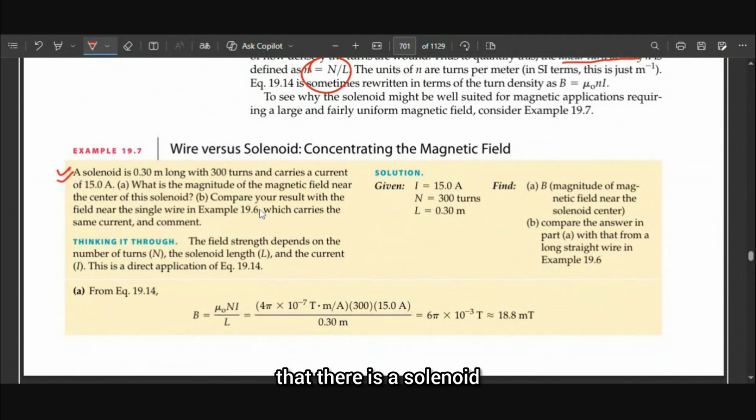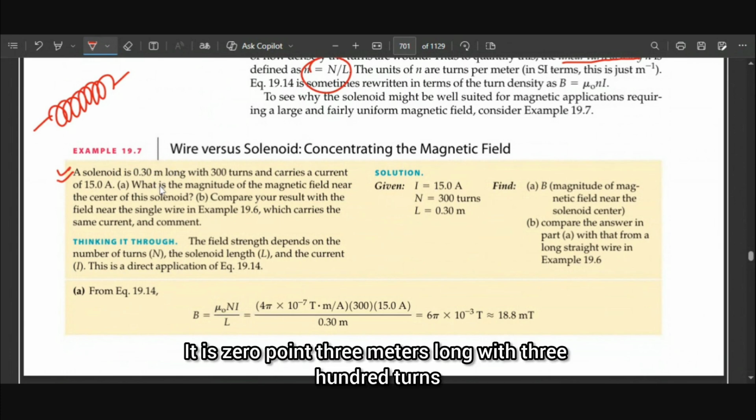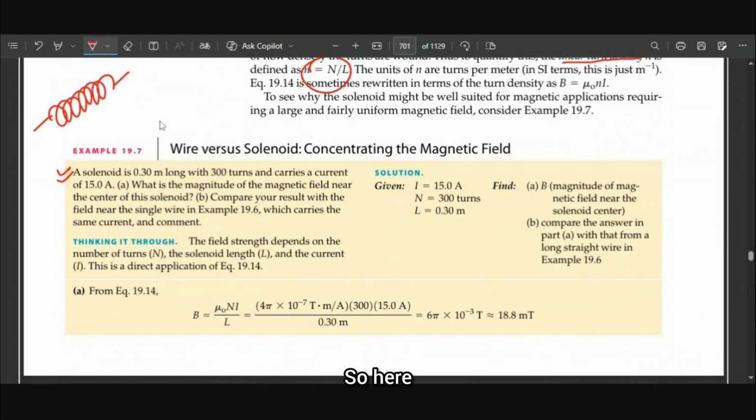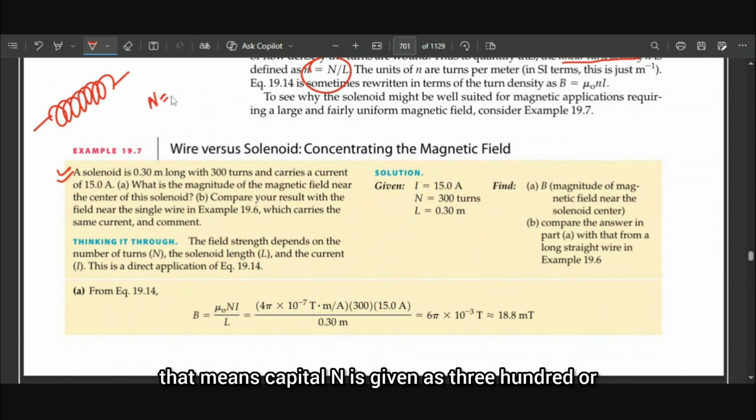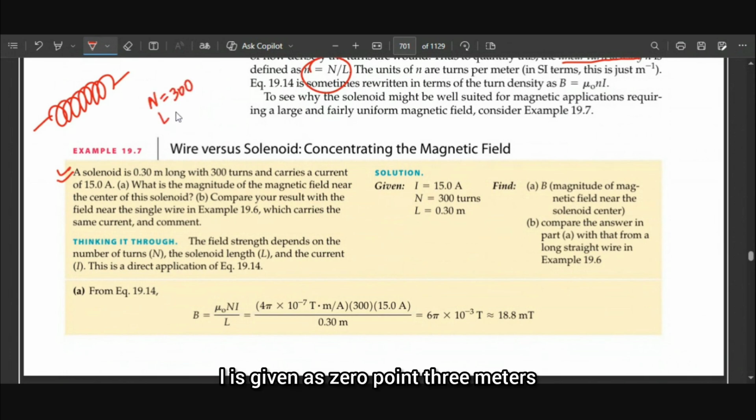So the question says that there is a solenoid. Again remember, a solenoid is a configuration in which a number of turns, or coils, are arranged like a spring. It is 0.3 meters long with 300 turns. So here the number of turns, capital N, is given as 300, and L is given as 0.3 meters.